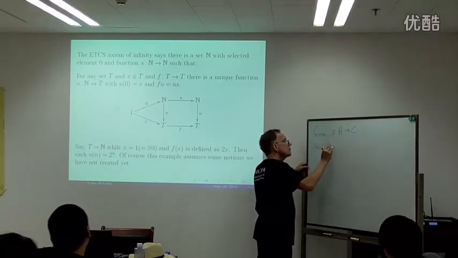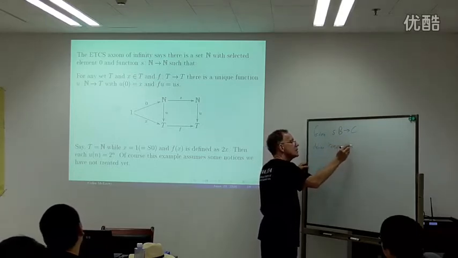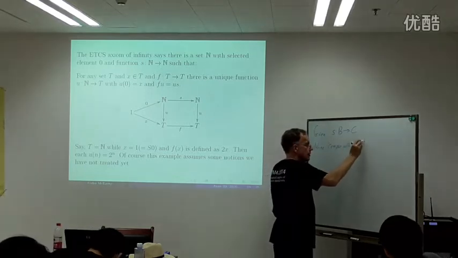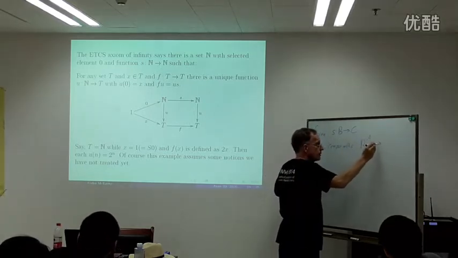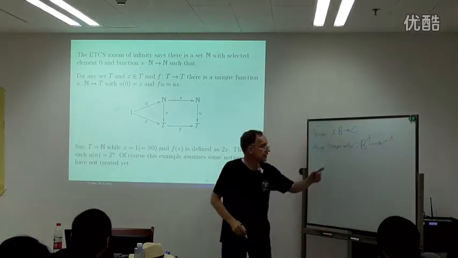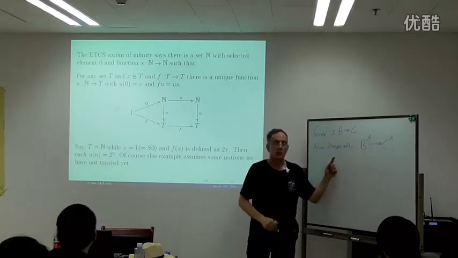Define the compose with s function as a function from b to the a to c to the a. I want to be able to take any function from a to b and compose it with this.